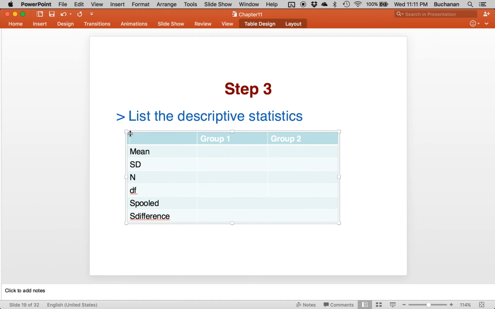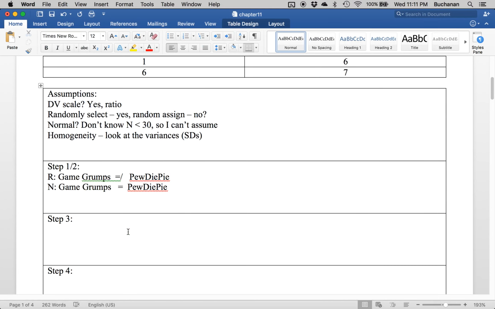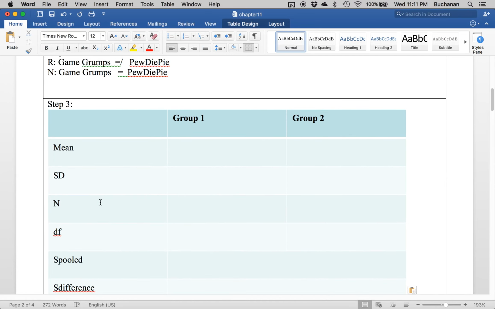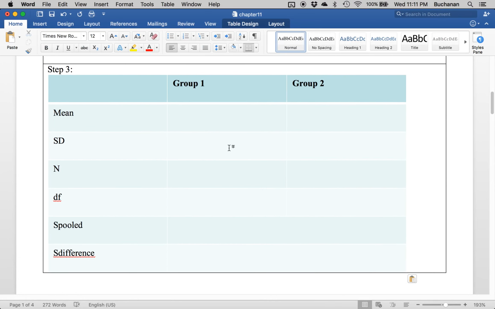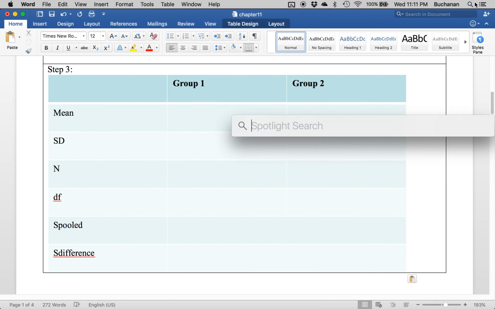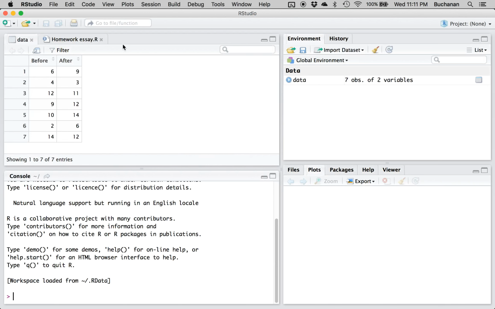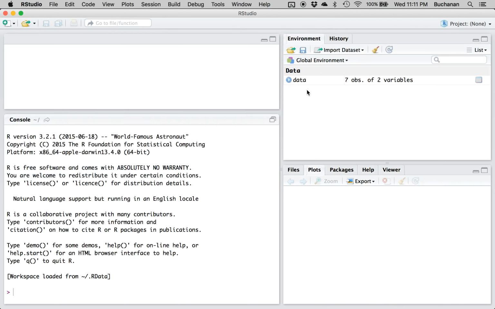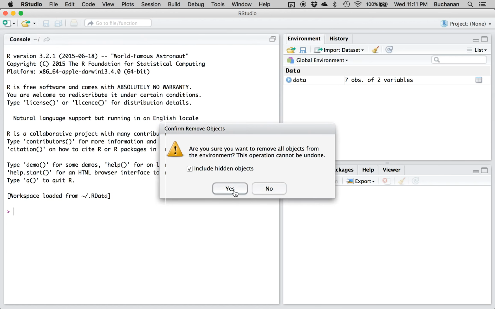Step 3 was about listing the descriptive statistics, and we only got about halfway through this, but I will walk through this now, because that was a weird Monday. What I'm going to do is load up my data into R. Let me clear all this out.